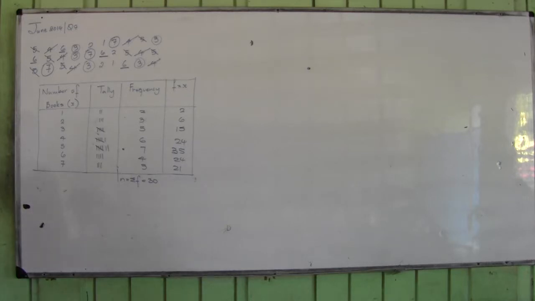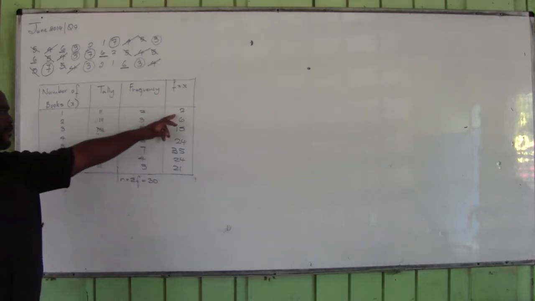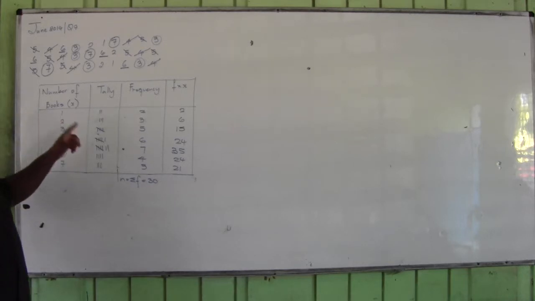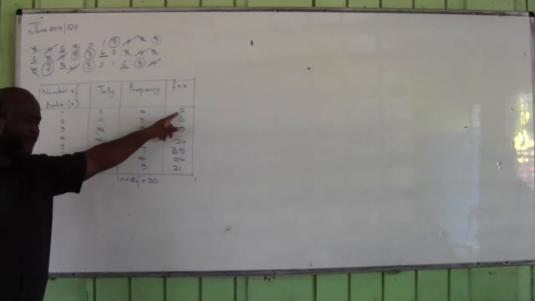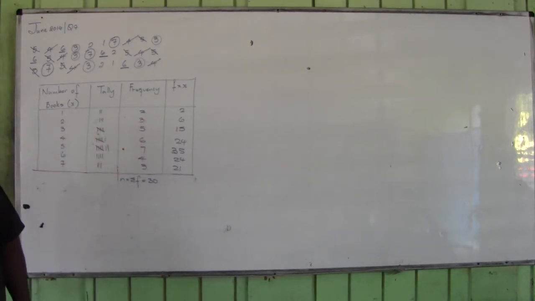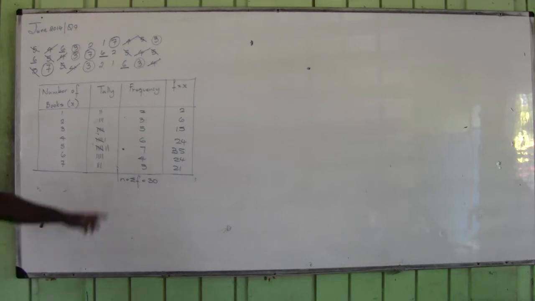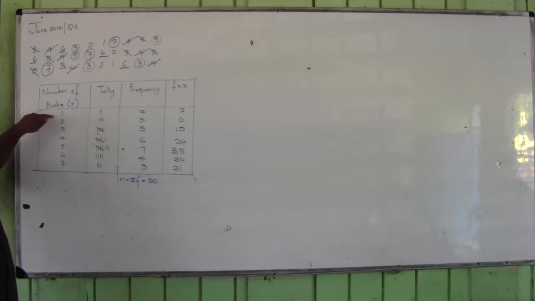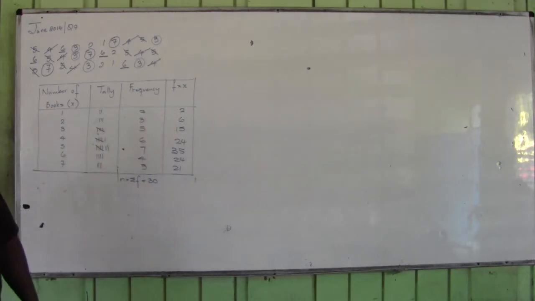Let's ask a question. What does this 2 here represent? How many students had 1 book in the bag? 2. So the value is 1, and the frequency is 2.